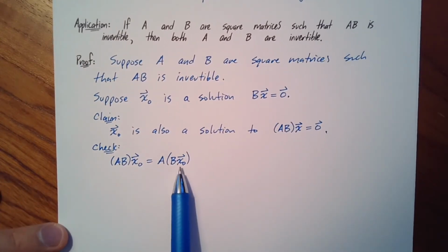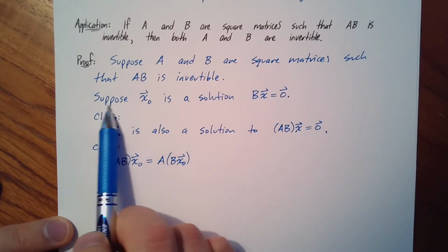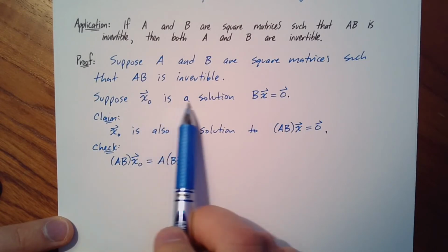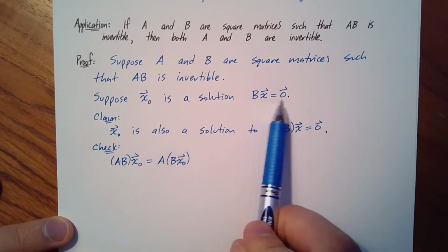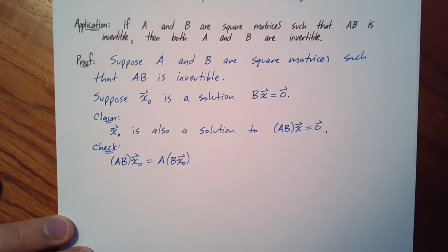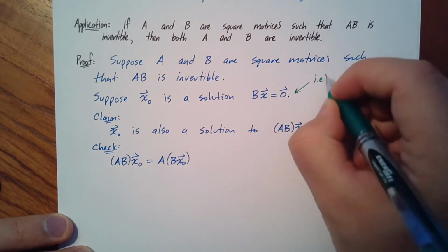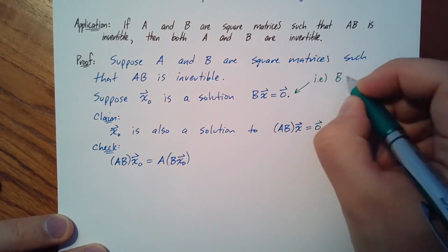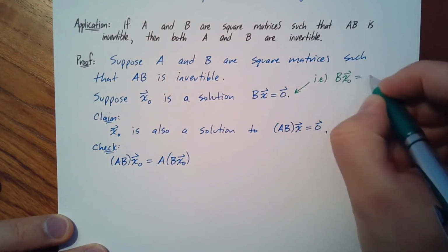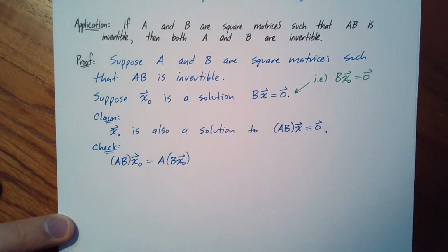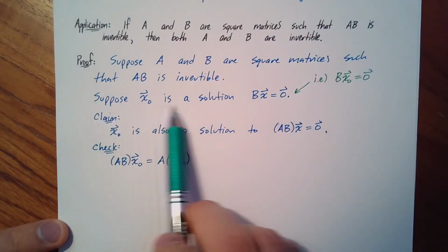Okay, well, by assumption, this is equal to 0, because remember we assumed that x naught bar is a solution to this system here, this matrix equation. So, and just to emphasize that, this statement is really just saying we assumed that B x naught is equal to 0. That's really what this line means.